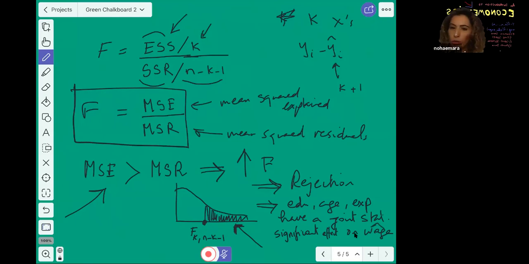And which is a good result. So all of them are jointly statistically significant. Okay, and of course the opposite is true.